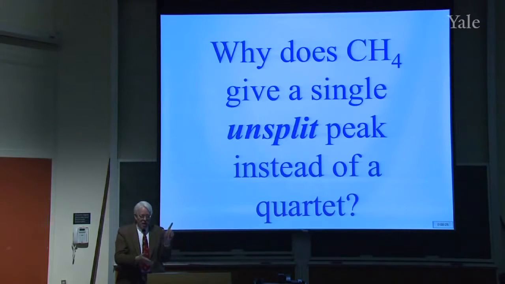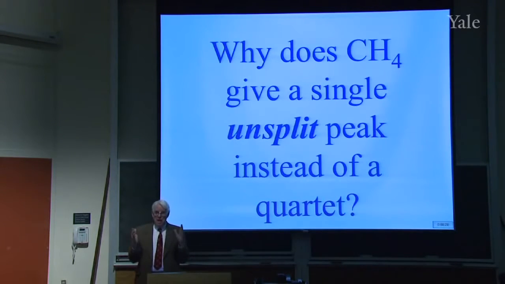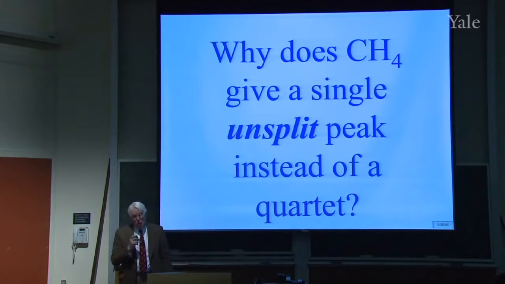So methane, if you're looking at one hydrogen, how many other hydrogens would you think it would be coupled to? 3, right? And they could be in a 1, 3, 3, 1 pattern. So you should see a quartet for a proton of CH4, but you don't. You just see a single sharp peak. So where did the splitting go?